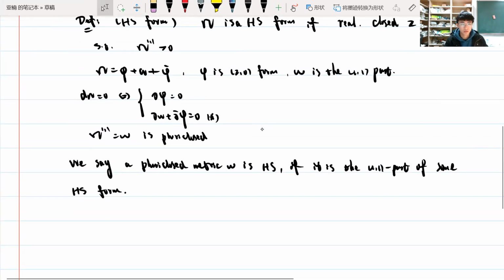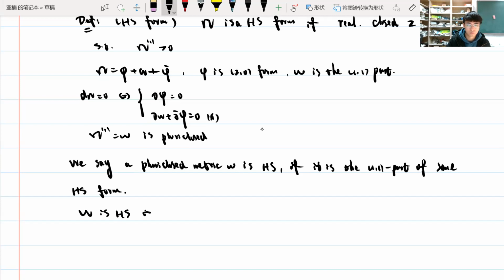This means a pluriclosed metric is Hermitian symplectic if and only if there exists a (2,0) form satisfying this equation.